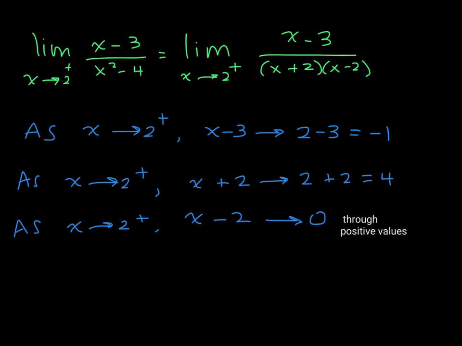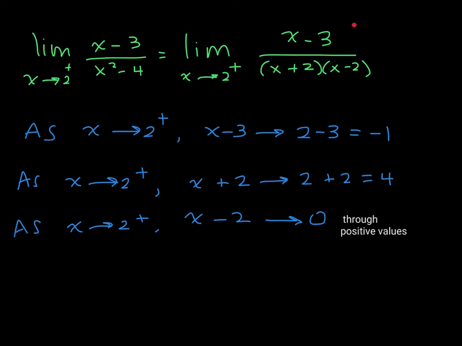So, in conclusion, the numerator is approaching a real number, which is -1, and the denominator is getting smaller and smaller. This factor here is approaching 4, but this factor here is getting infinitely small. So the whole denominator is getting infinitely small through positive values.